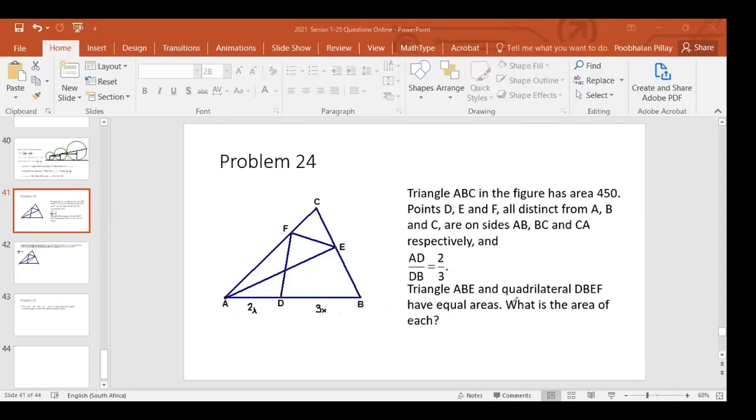Triangle ABE and quadrilateral DBEF. ABE, I'm just going to shade this triangle so you keep track of it.